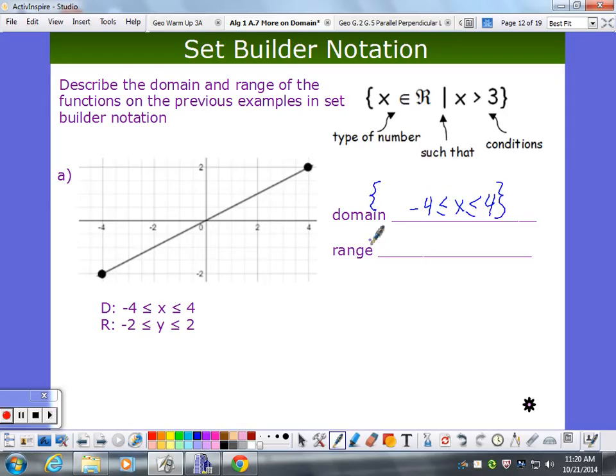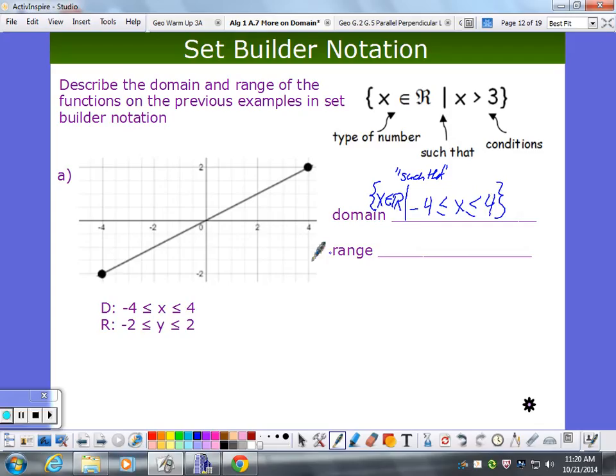Notice how I left a little room here? Okay, put it in brackets. For our purposes, we're only using real numbers. So x is an element of the real numbers. This line means such that x is a real number such that x is between and includes -4 and 4.